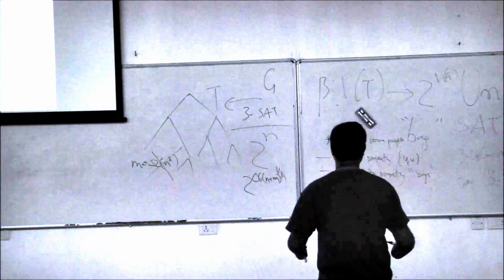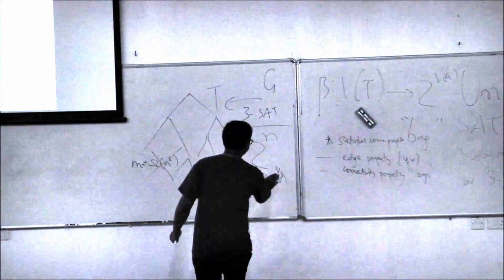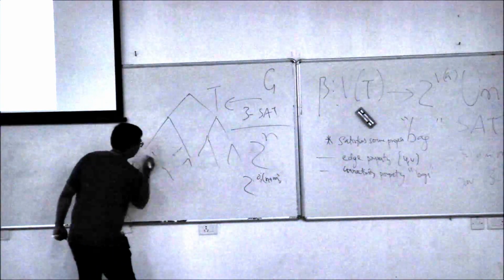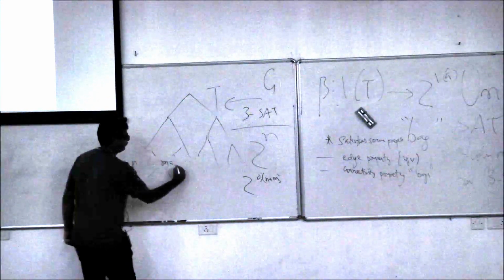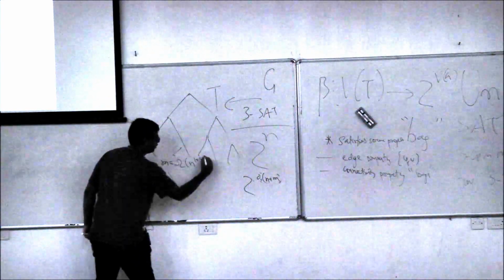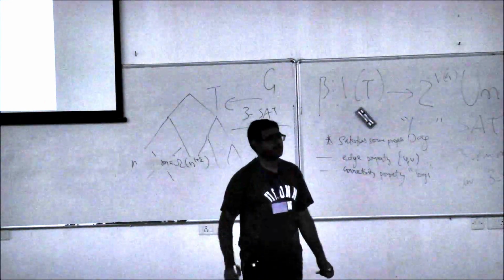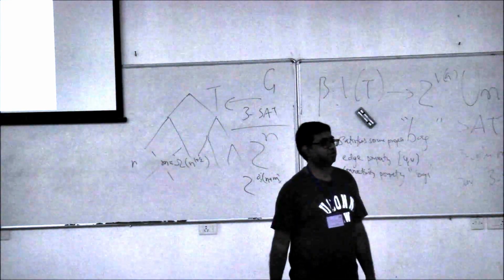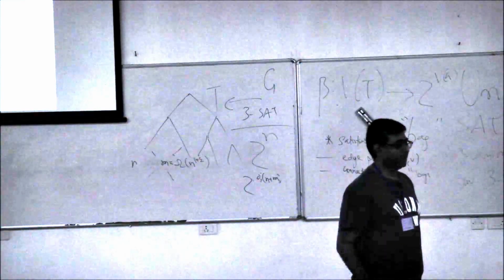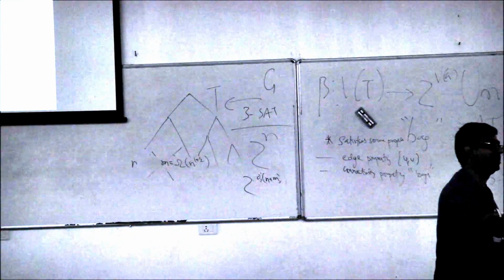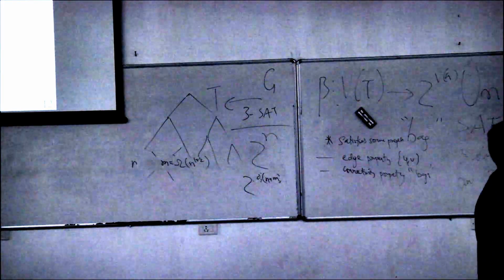In fact, this is possible for any m which is omega of n to the power 1 plus epsilon. For any epsilon greater than 0, you can prove that you will get such a bound. So if the number of edges is slightly larger than linear, you start getting some.